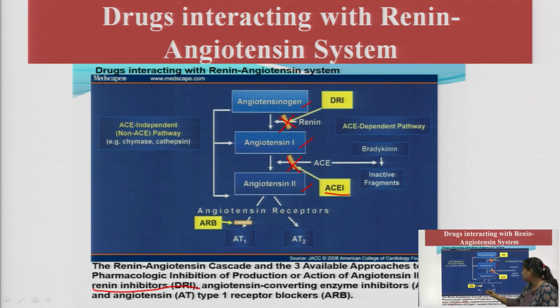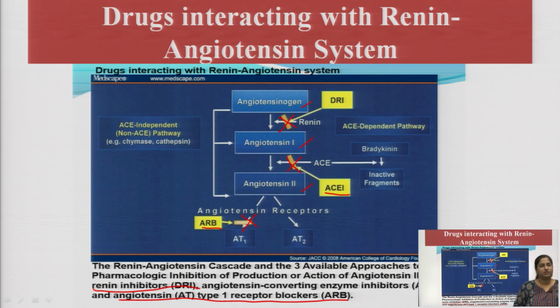Here we can use ARBs. What are ARBs? Angiotensin type 1 receptor blockers. We use these so that angiotensin 2 does not get joined with AT1.